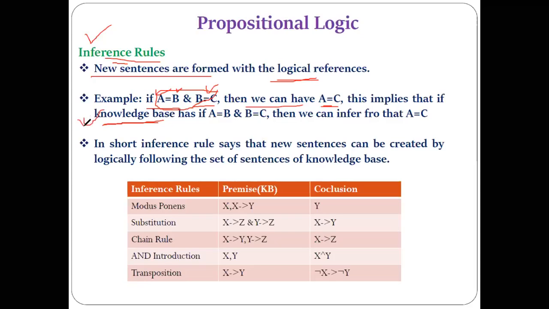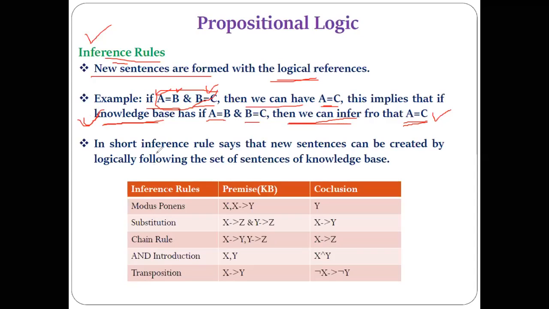In the knowledge base. Understood? And in the knowledge base, if the agent finds A equals B and B equals C, then the AI agent can easily conclude that A equals C, and this is called inference. Getting the point?